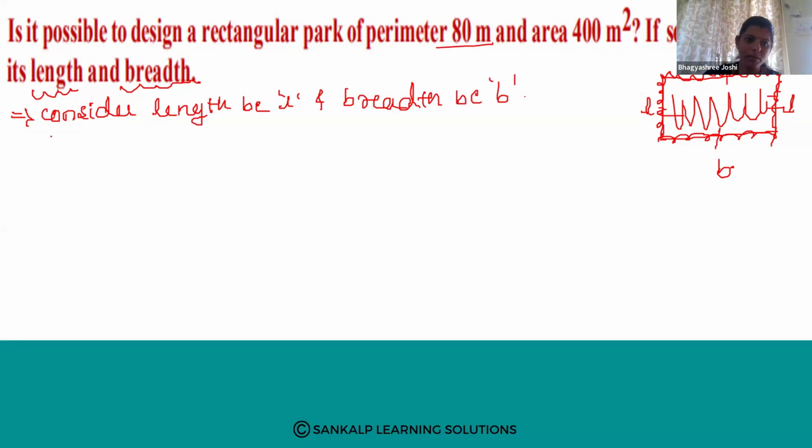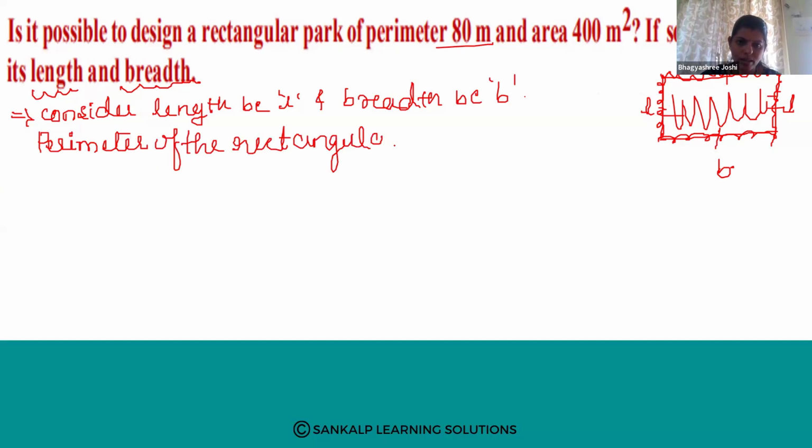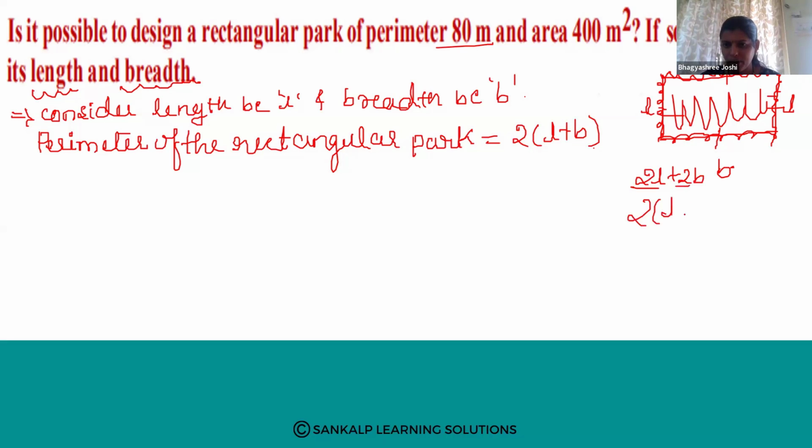That means perimeter of the rectangular park is equal to 2 into (L plus B), right? So 2L plus 2B, if I take 2 common, L plus B will remain in the bracket. So 2 into (L plus B).